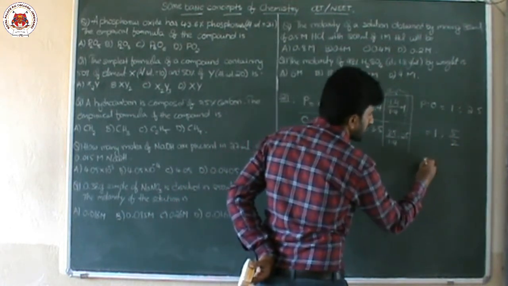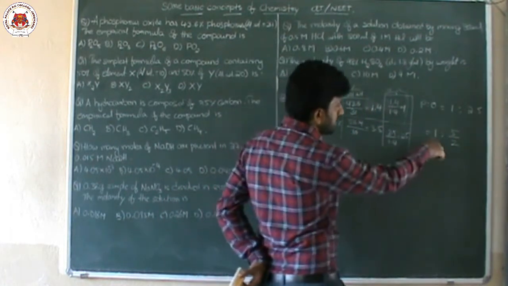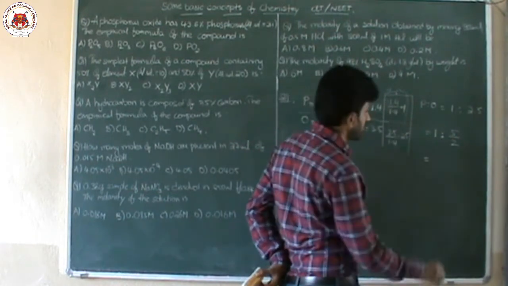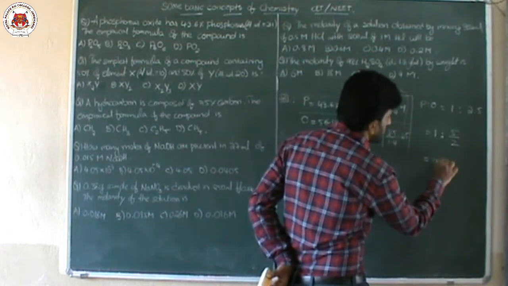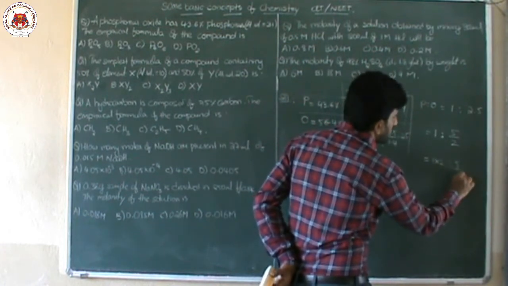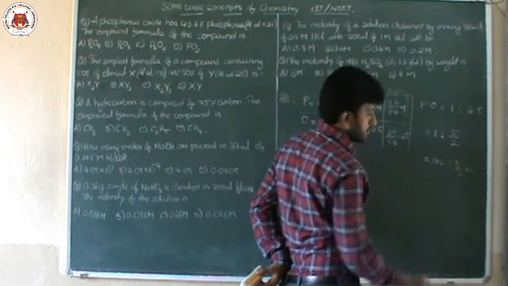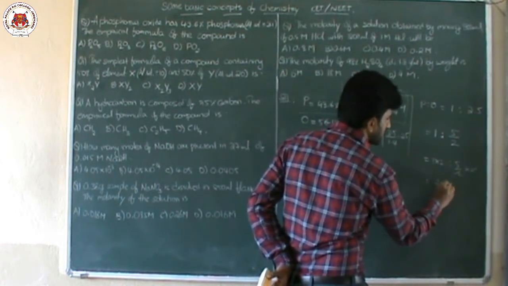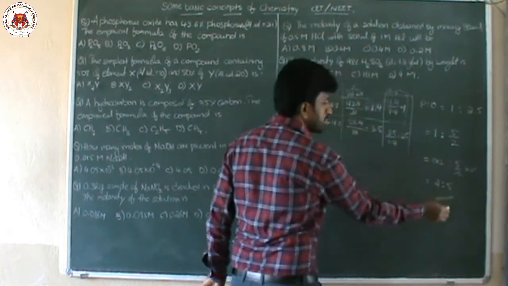The ratio 1:5/2, on further simplification, you multiply both numbers with 2 to get whole numbers. 1 into 2 is 2, and 5/2 into 2 is 5, so 2:5 should be the answer.